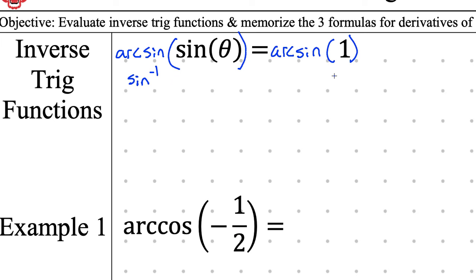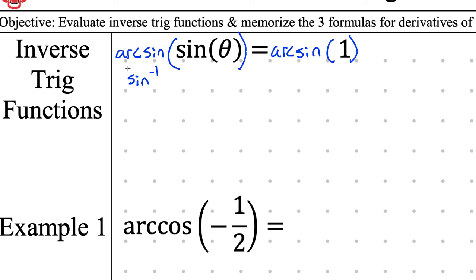We saw yesterday the definition of a function and its inverse. When I do the inverse function of the function, I'm left with theta. Just like if I did f of g of x is equal to x, this is kind of the same thing. Arc sine of sine of theta is equal to theta.